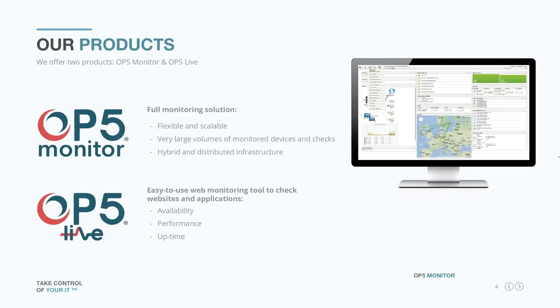So, OP5 has two main products, OP5 Monitor and OP5 Monitor Live. OP5 Monitor is the version you host yourself, either on-prem, on a virtual or physical server, or in your own private cloud like Azure or Amazon. OP5 Live, that is our software as a service option.